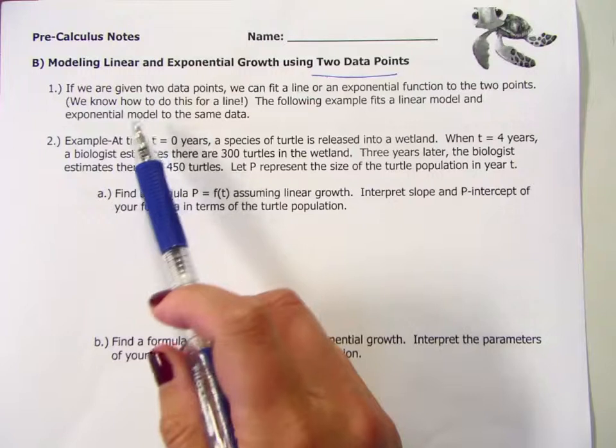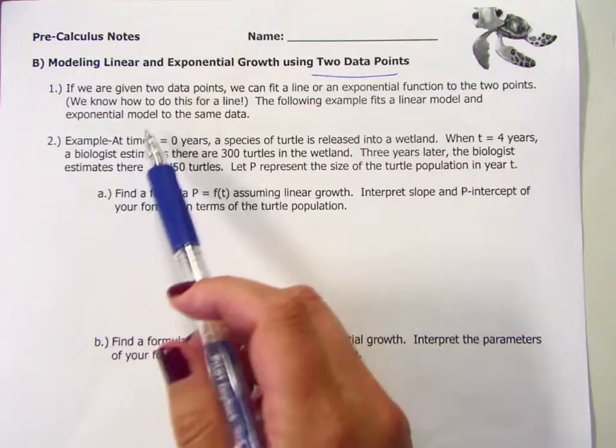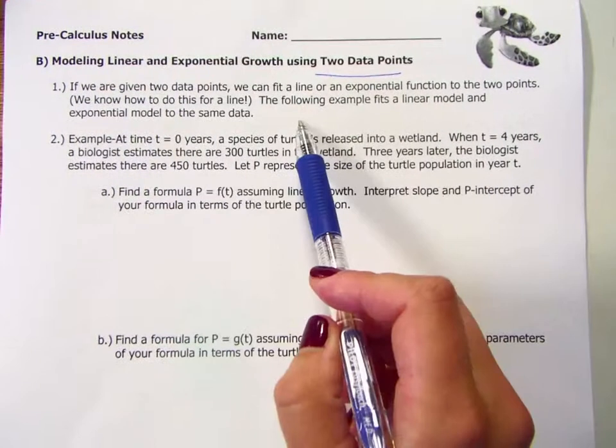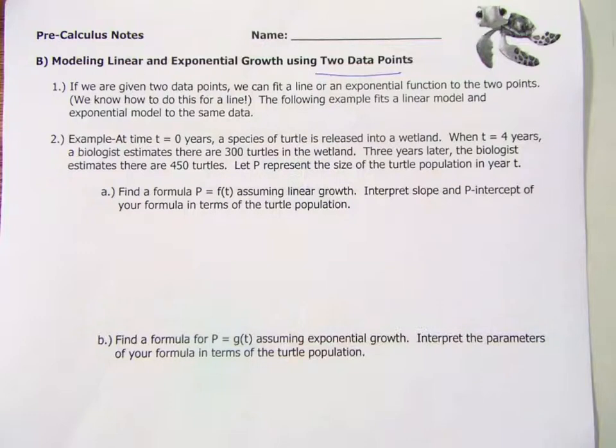And we know how to do this for a line. We find the slope, and we probably will use point slope form, okay? The following example will show how we can fit both a linear model and an exponential model to the same data, okay? So the first part of this will feel like review because we've done this quite a bit.